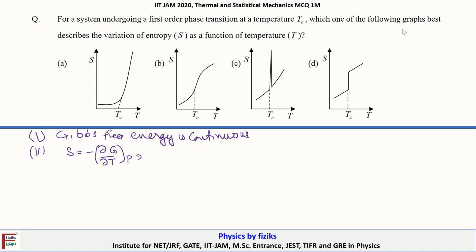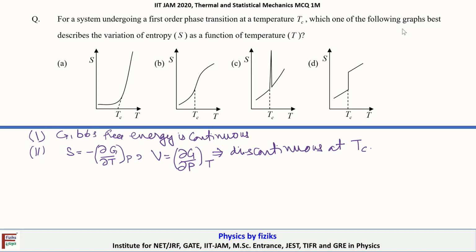Also the first derivative of G with respect to pressure, which is volume, V = dG/dP at constant temperature. Both of these derivatives of G with respect to temperature and pressure are discontinuous at the transition temperature Tc.